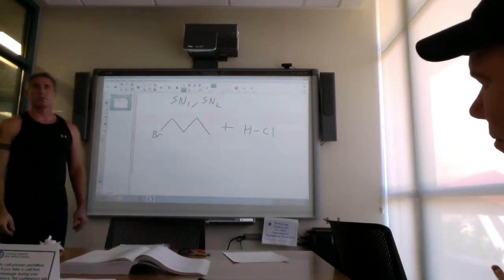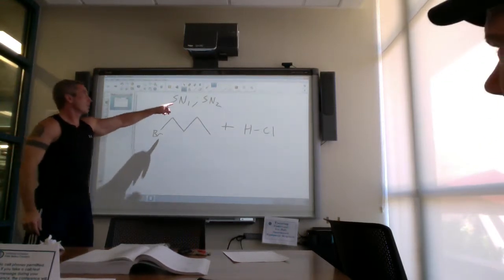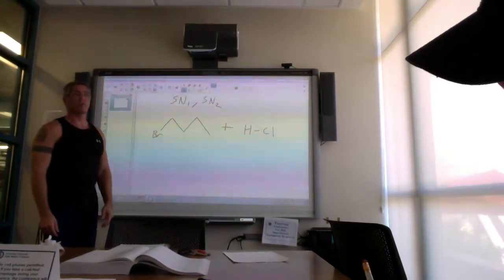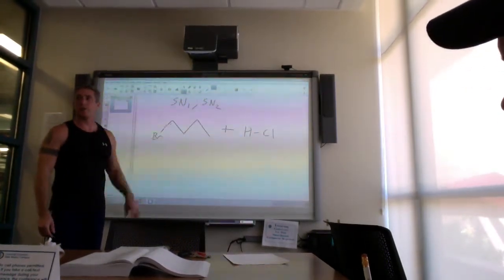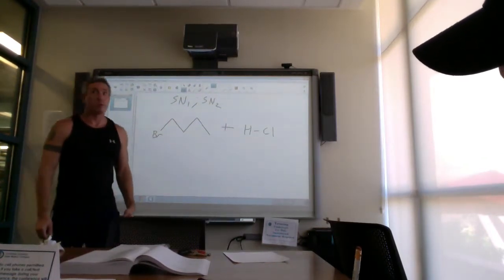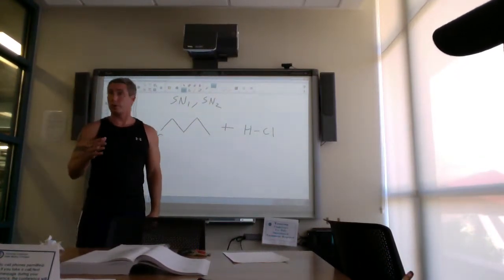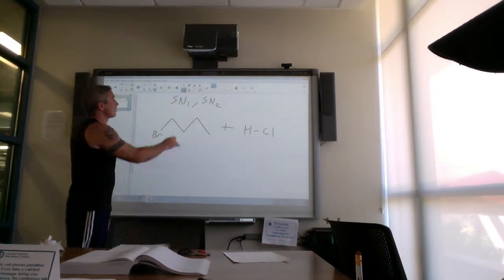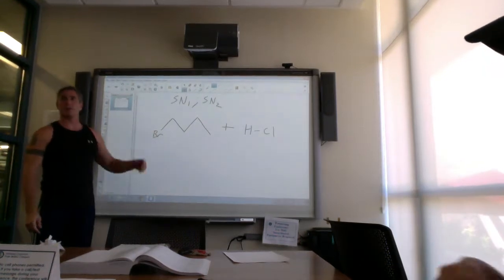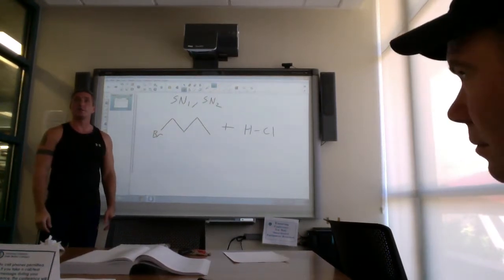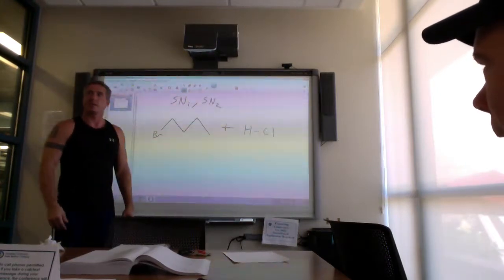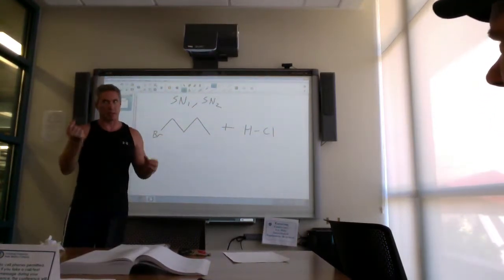SN1, SN2. Those letters stand for nucleophilic substitution. There are two different mechanisms or styles of this, a 1 and a 2, unimolecular and bimolecular. In SN1, as the leaving group leaves, it stops in the middle and becomes a carbocation intermediate before the substituent can come in. Remember, all this is happening lickety split.